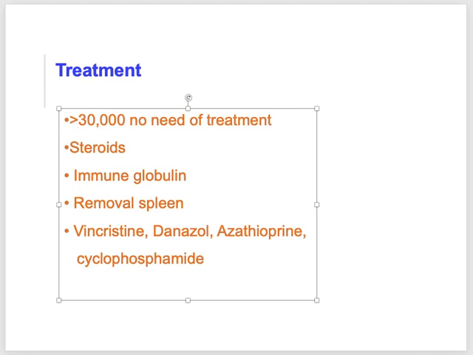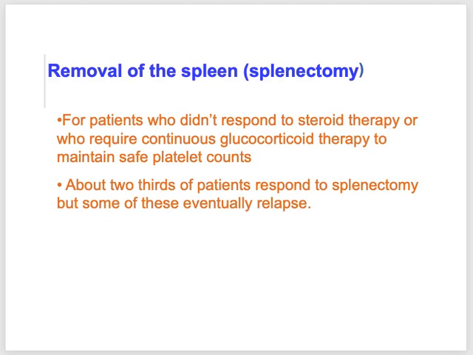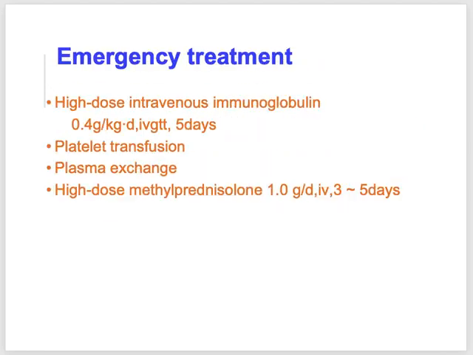For example, if the patients are actively bleeding, then what we have to do? Emergency treatment. In that case, the important thing is to stop the bleeding, right? So any patient who has active bleeding, either in the CNS, in the GIT, or in the genitourinary tract, we have to do something urgent so that the bleeding is stopped. So in that case, we give them high dose corticosteroids.